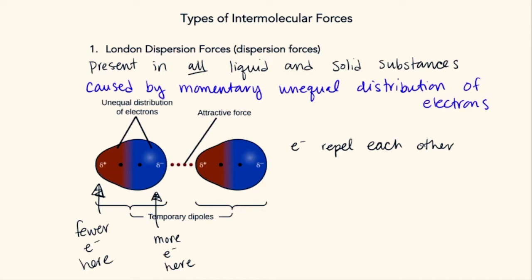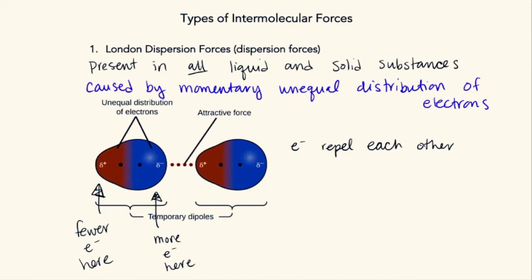Okay. And then we get this weak force of attraction between a partial negative and a partial positive, right? Opposite charges attract. And so now all of a sudden, because this is partial negative and it's pushed the electrons away on the other molecule, this is partial positive, and there's a little bit of attraction there. It's a very weak attraction because it's all temporary.